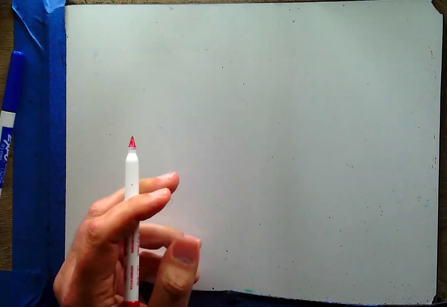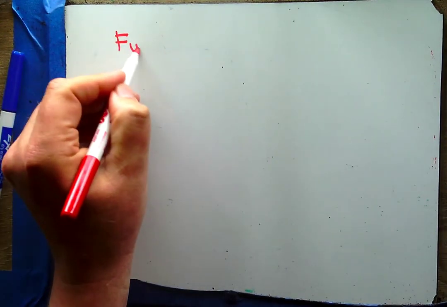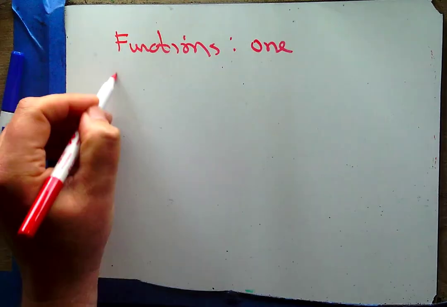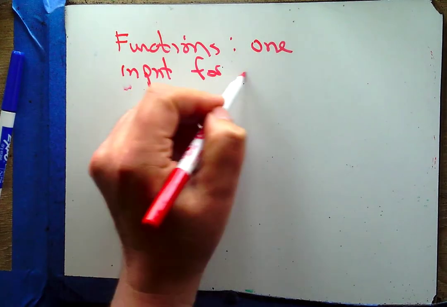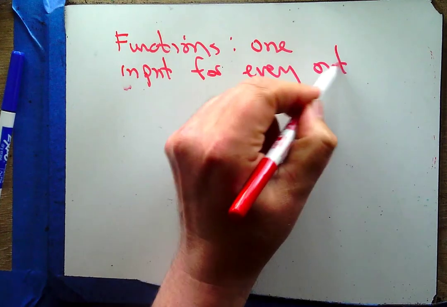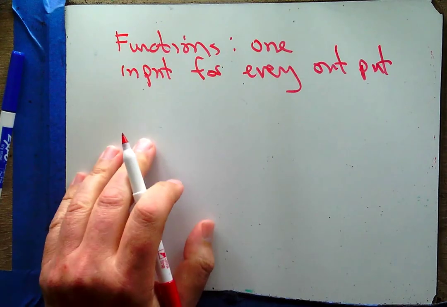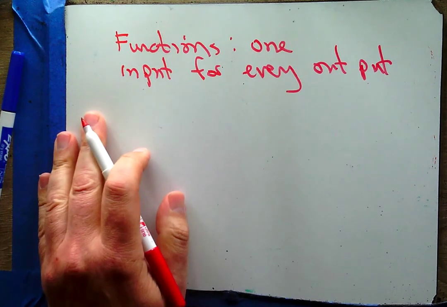So domain, all the inputs, range, all the outputs, independent variable, that's where I plug stuff in. Dependent variable, that's where stuff poops out. Now, what about function? I hear a lot of students saying 1 input for every output. But yeah, I always struggled with this, and maybe it's my dyslexia, but I always struggled with this definition.